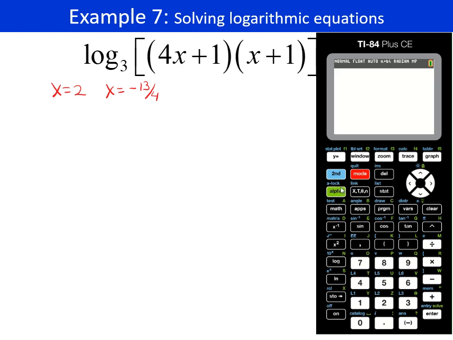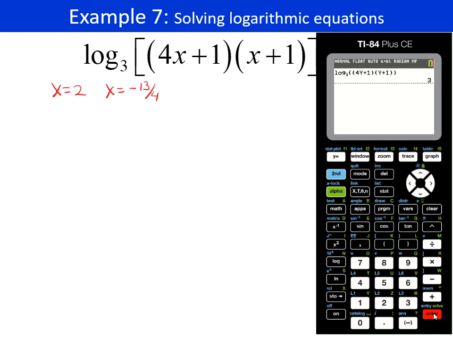So using the log base, we're going to type inside the parentheses a second set of parentheses for the 4x plus 1, only we'll use the y. And for the x plus 1, we'll also use the y. And see, do we come out with a 3?